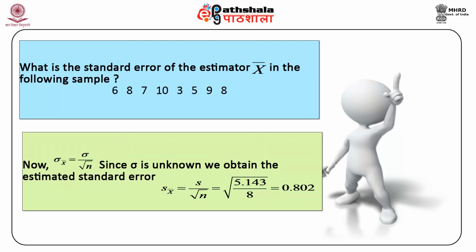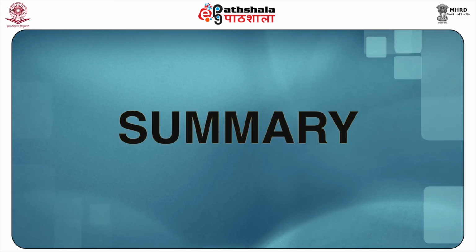Since sigma is unknown, we obtain the estimated standard error S X bar equal to S upon under root n, and this comes out to be equal to under root of 5.143 divided by 8 and is equal to 0.802.